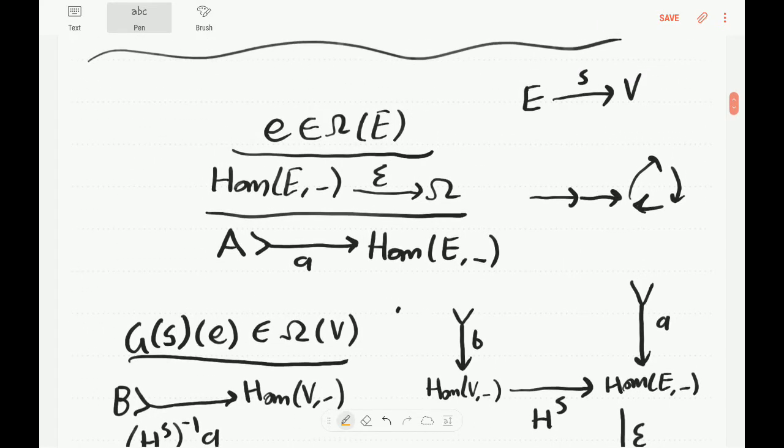And then there's the question of how we actually use the Yoneda lemma. And we use it in loads of places.